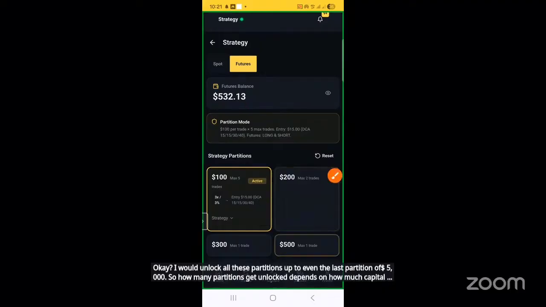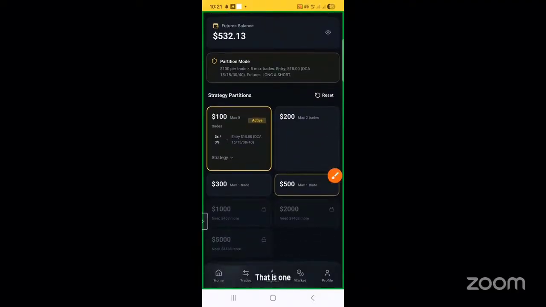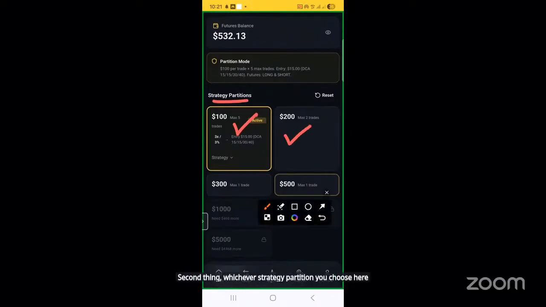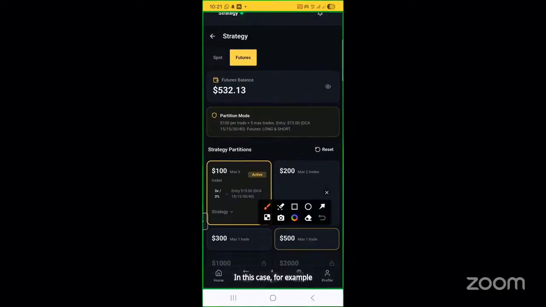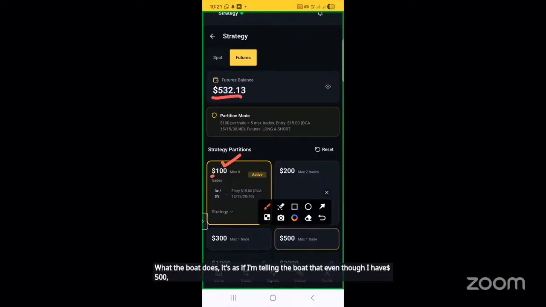Second thing, whichever strategy partition you choose here affects how many trades the bot can trade for you in your Binance account. For example, if I choose the $100 partition, it's as if I'm telling the bot that even though I have $500, only expose $100 per trade.